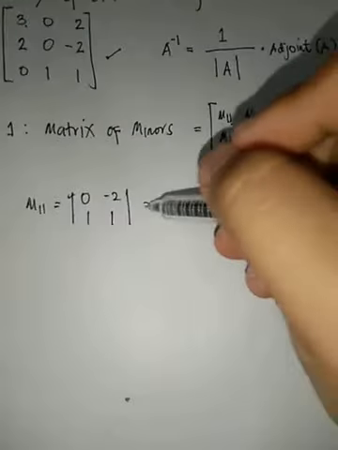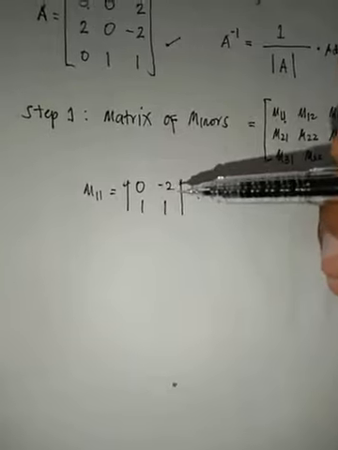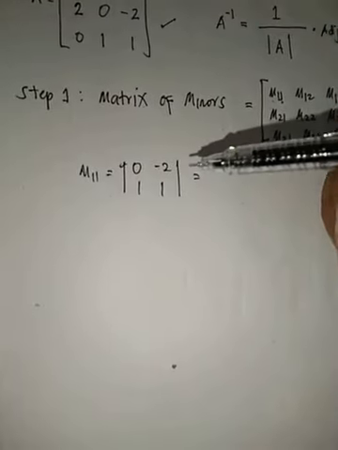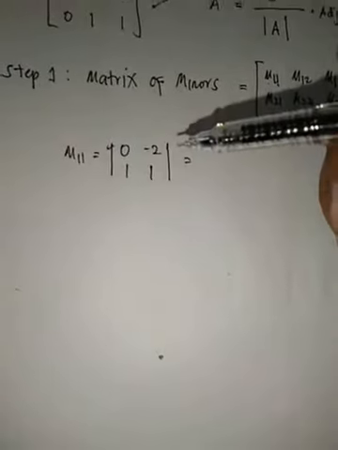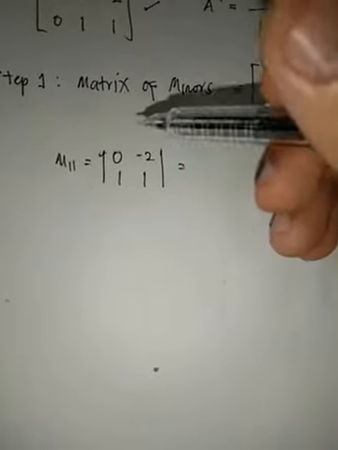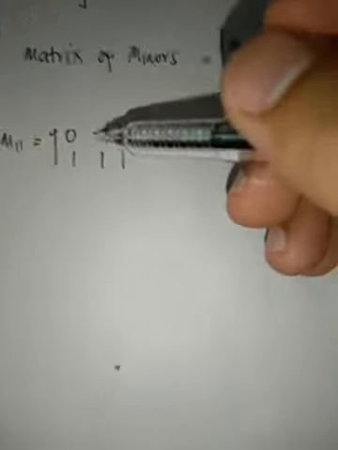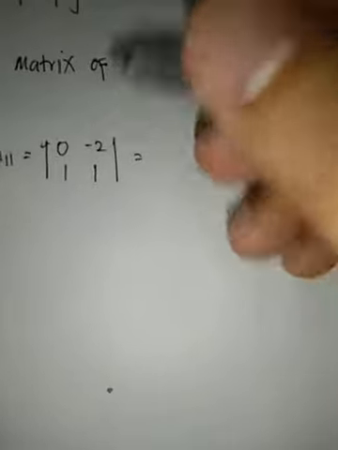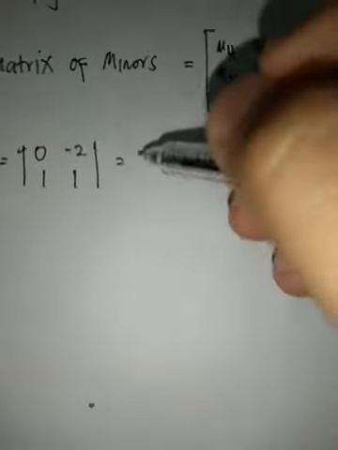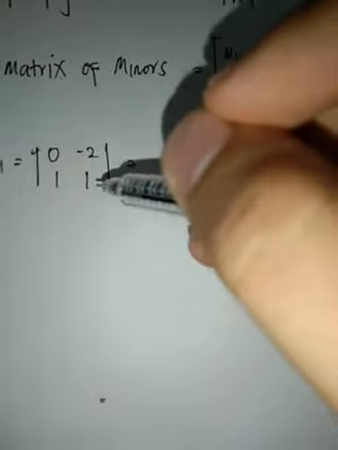Determinant ito ha. Alam na ninyo kung paano kunin ang determinant ng 2 by 2 matrix. So, kung meron tayong ganito, determinant of a matrix, how do we get this kapag 2 by 2? So, di ba, A, B, C dito.